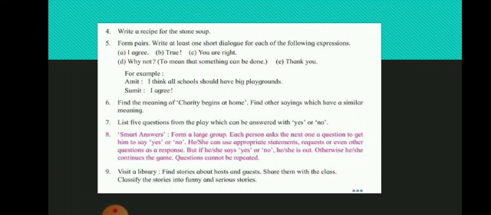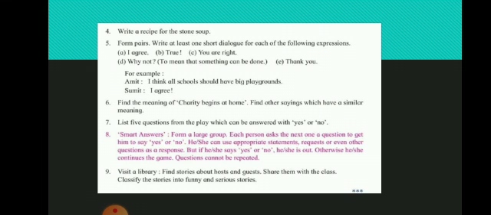Take two names, like Sangeeta and Neeta. Sangeeta is saying there is a solution to every problem. Neeta is expressing: you are right. Okay, children, in this way you have to form the short dialogue for each of these expressions given here.